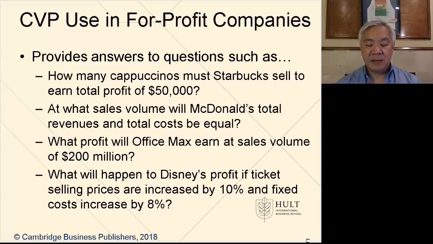If we're Office Max, what is the profit if we reach 200 million? Or if we're Disney, what would happen if ticket prices were to go up by 10% and if fixed costs were increasing by 8%? These are all sample questions that you can imagine are pretty basic and questions that are asked pretty frequently. And CVP is the tool that we use to analyze and make recommendations.